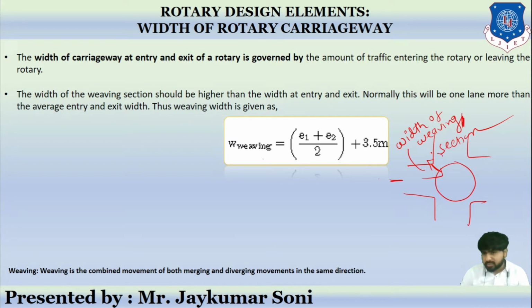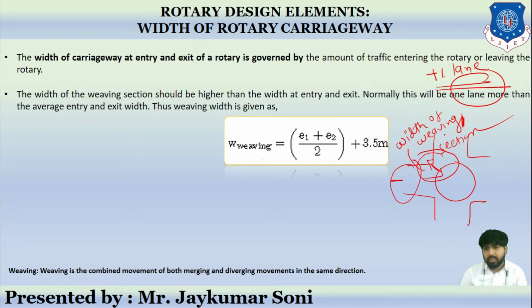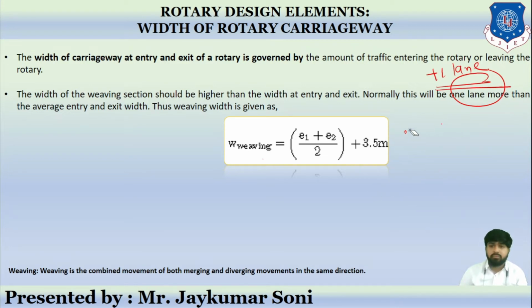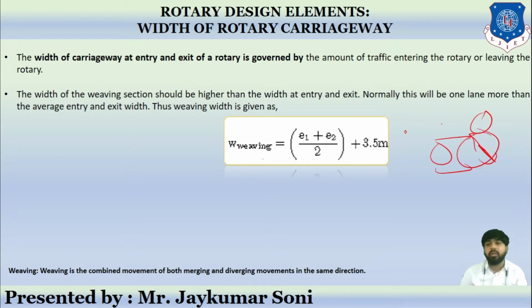Why? Because this is the main road that will play the main part while the vehicles are crossing. And normally this will be one lane more than the average entry and exit width. Means if this is a 3 lane width, then this would be approximately one lane more. If this is single lane, then this would be two lanes.